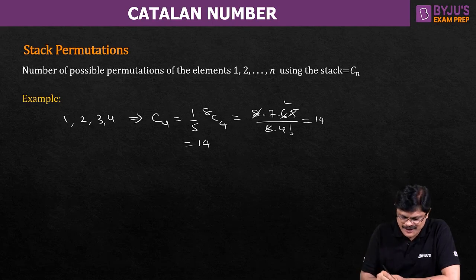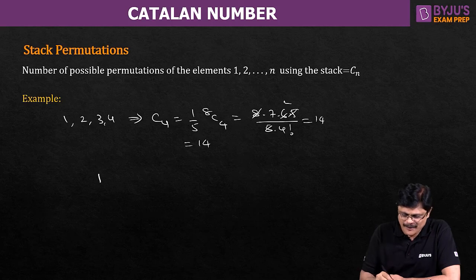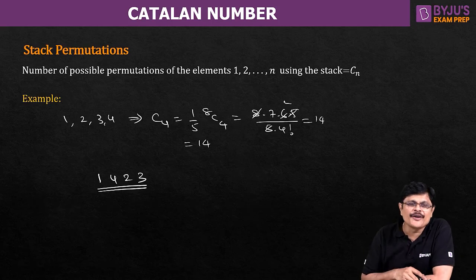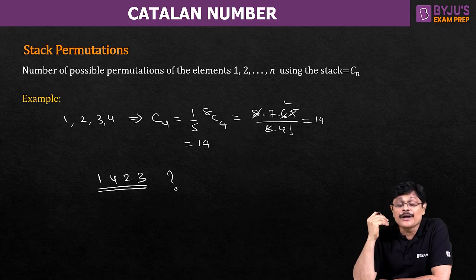And one interesting question, please answer this. Of course, it is not a live one, so I'm just asking, keep this in mind and answer. 1, 4, 2, 3. Can you get this permutation using a stack or not?